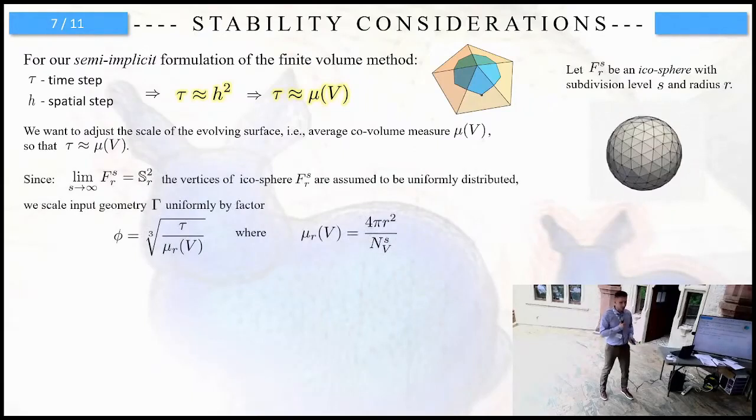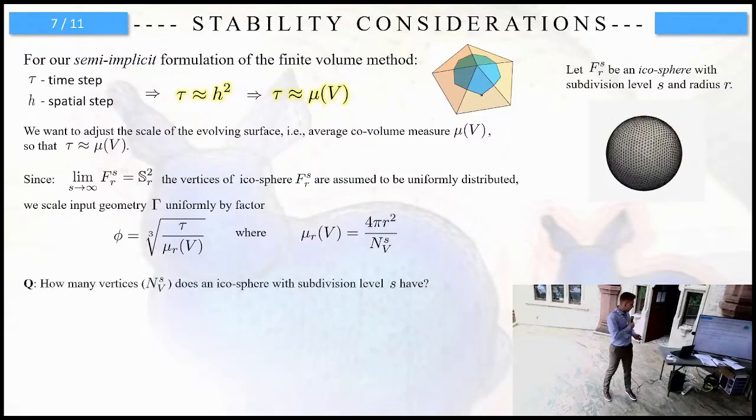And because the icosahedron approximates the sphere, we assume that the distribution of vertices is more or less homogeneous, so we just divide the surface area of the sphere by the number of vertices, and that's how we get our scaling parameter phi.